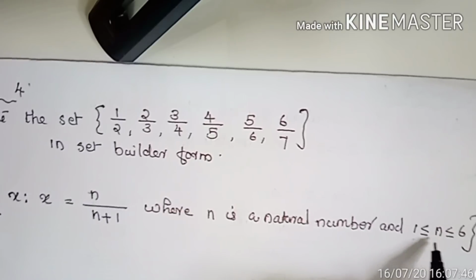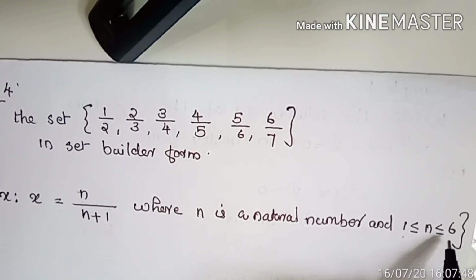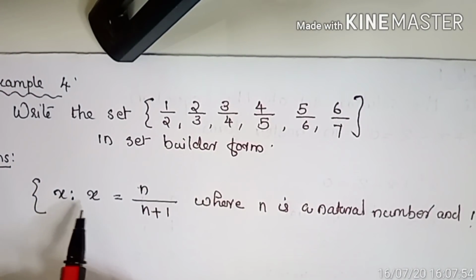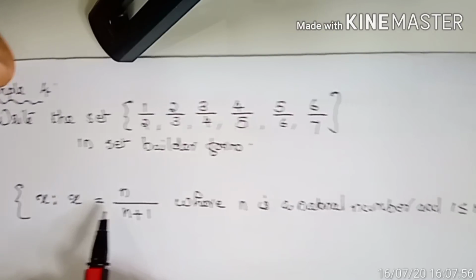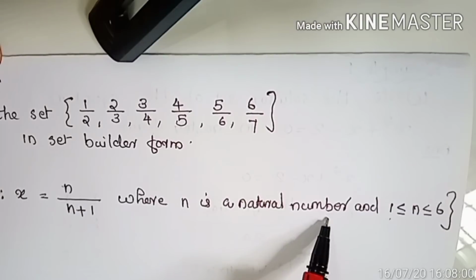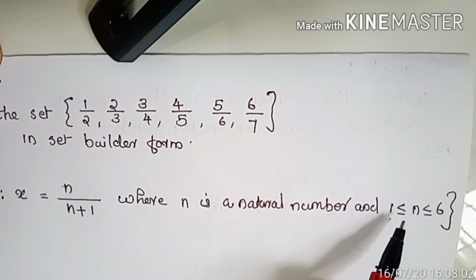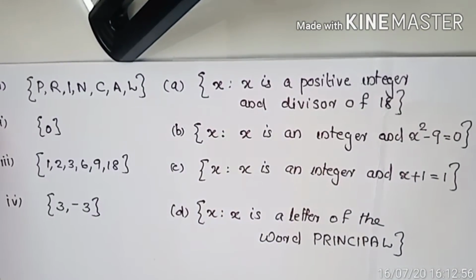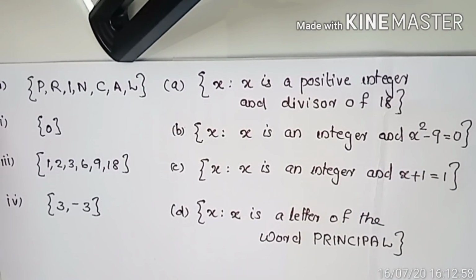So we can write this as 1 less than or equal to n less than or equal to 6, taking the value from 1 to 6. So the answer is set of all x such that x is equal to n divided by n plus 1, where n is a natural number and 1 less than or equal to n less than or equal to 6.